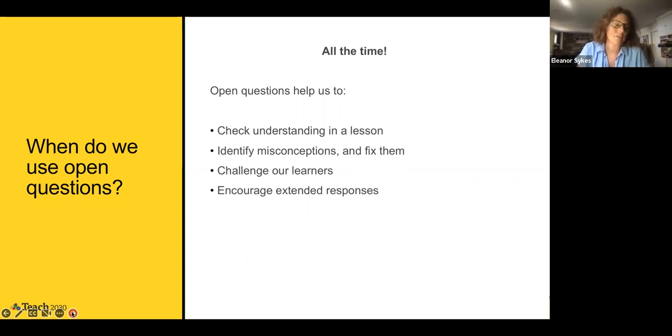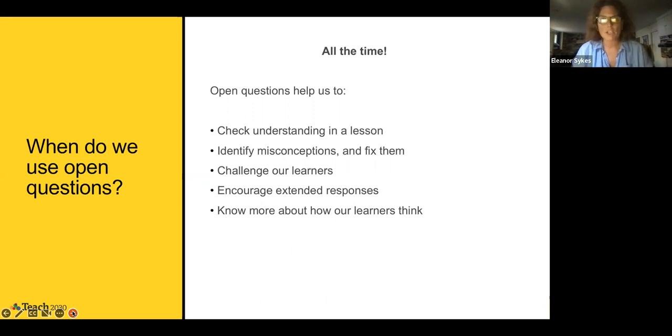And in the same way, identify misconceptions. Can you explain why you think that? What could be a bit different, etc. Encourage extended responses. So again, encourage our learners to give more information about why they think something and to know more about how our learners think.